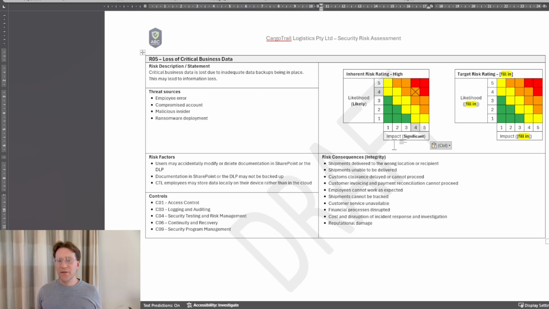Another thing that makes the impact significant rather than critical, compared to the first couple of risks that we did, is that we are talking about more of a one-dimensional situation here, where it's just information being lost. It's an attack on integrity.